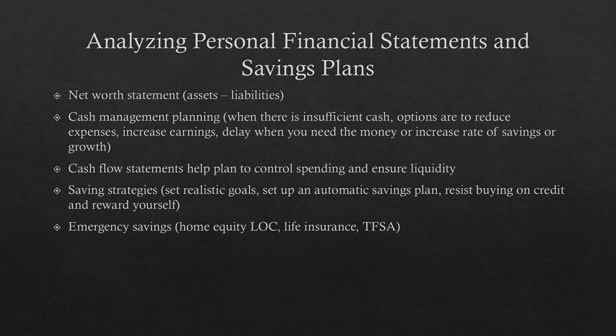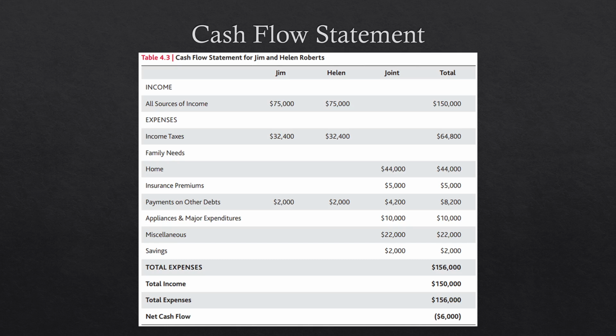You can reduce expenses, you can increase earnings, you can delay when you need the money, or you can increase the rate of saving or growth. So we will look at some cash flow statements that just help plan to control spending and ensure liquidity. So we'll look at that now.